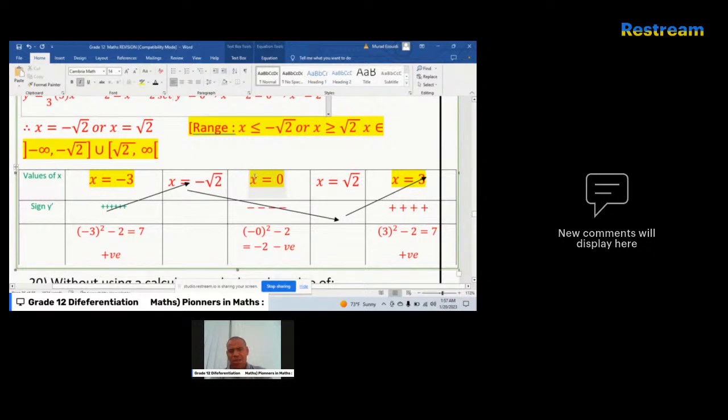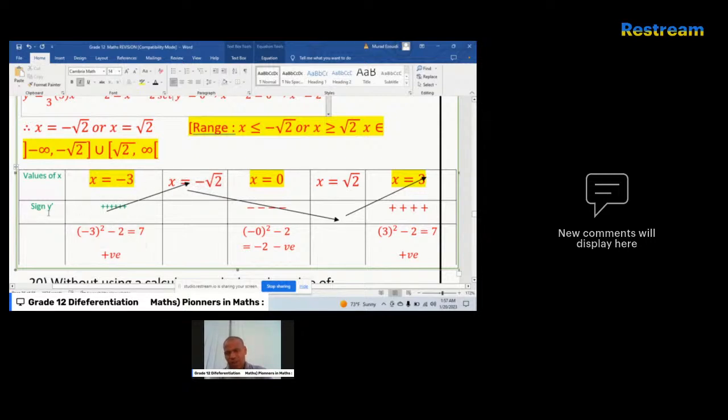For example, between negative root of 2 and root of 2, I choose 0. You can choose 1, or 0.5, 0.25, 0.75, whatsoever. After root of 2, I choose x equal to 3; you can choose 2, for example. It depends on you. And before negative root of 2, I choose x equal negative 3.